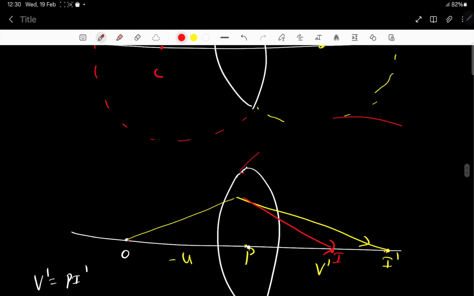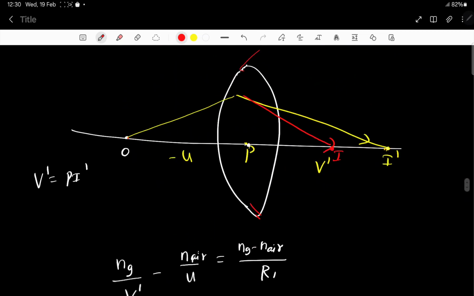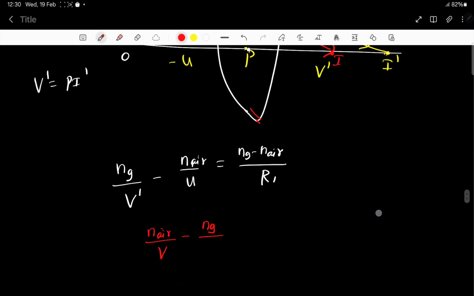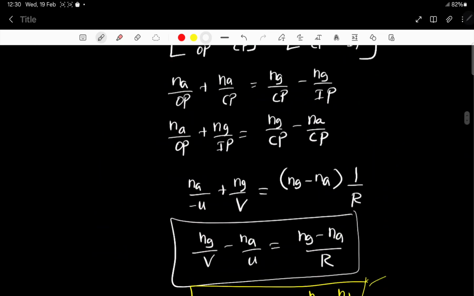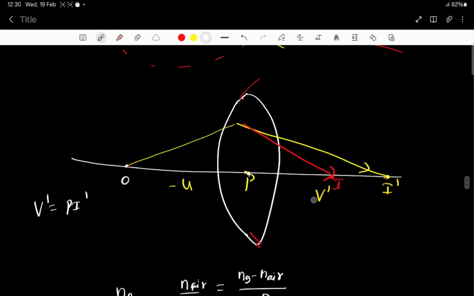So here the v dash is going to serve as the object distance, which is equal to n2 minus n1, which is n air minus n glass by r2. So I make use of this end result twice, for the two surfaces.